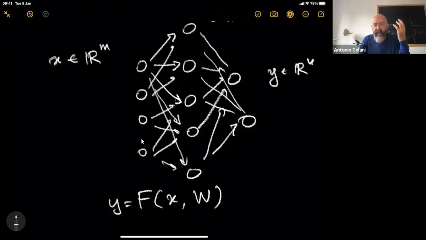So why do we care about such a specific construction of a nonlinear approximator?